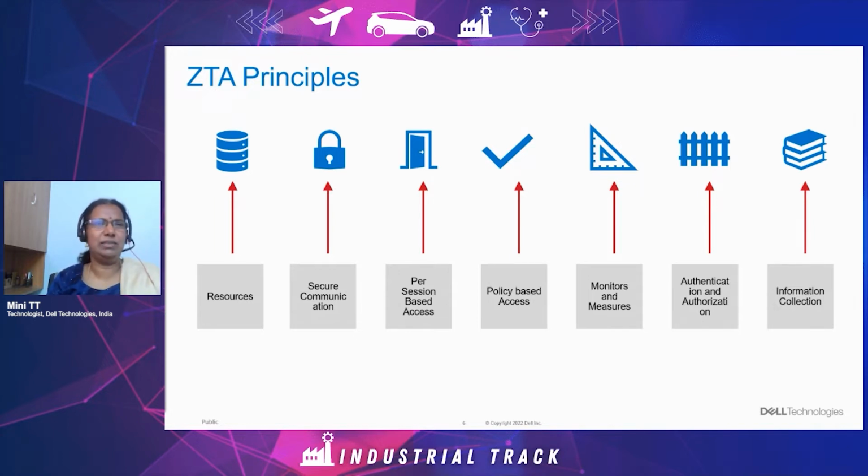One is that we should treat all the data, all the data sources and the computing services as resources. So everything is a resource in the context of the system. And communication, regardless of the network location, where it is placed, we will have to look at all communication, and everything should be secured.